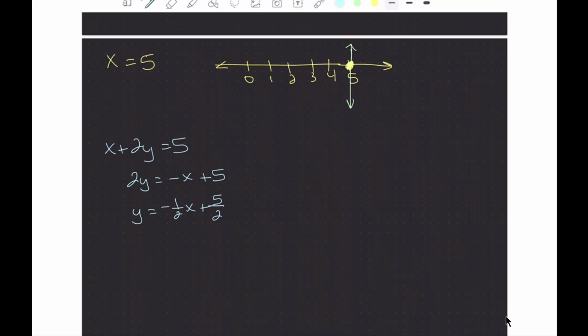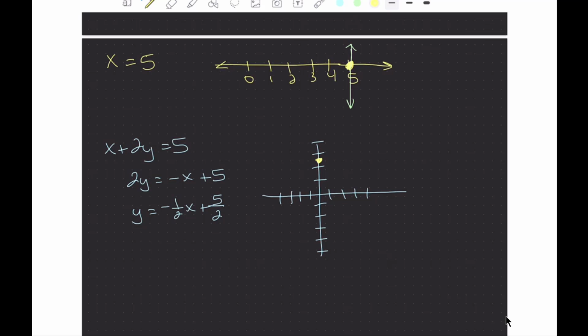So if we want to graph this, now we have our x and our y. What do we want to do first? Find the y-intercept. What's our y-intercept going to be? 5 over 2. What's 5 halves? 2.5, right? So that'd be right here.